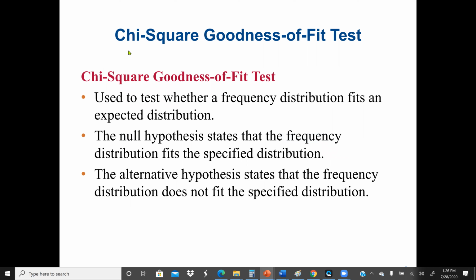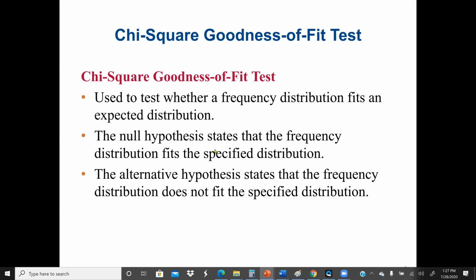So we move to the chi-square goodness of fit test. We are going to do an example where we use a multinomial experiment to test a claim, using chi-square distribution testing. So, what is a chi-square goodness of fit test? It is normally used to test whether a frequency distribution fits an expected distribution.